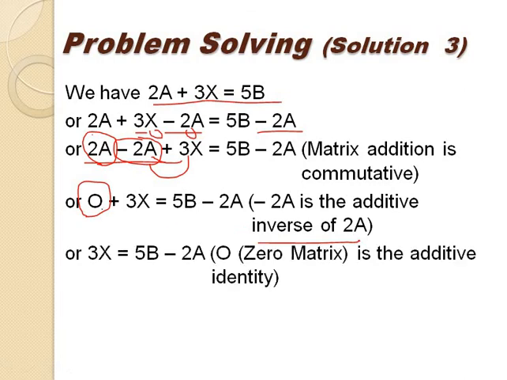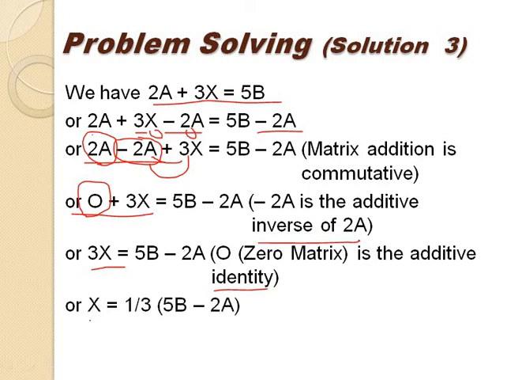Again we can omit the 0 matrix because the 0 matrix plus any other matrix will give the same matrix. Why? Because the 0 matrix is the additive identity, and by adding the additive identity to any matrix, the result is the same matrix.